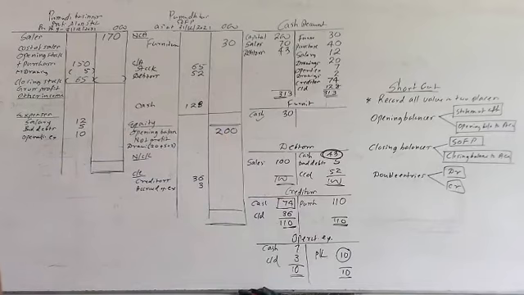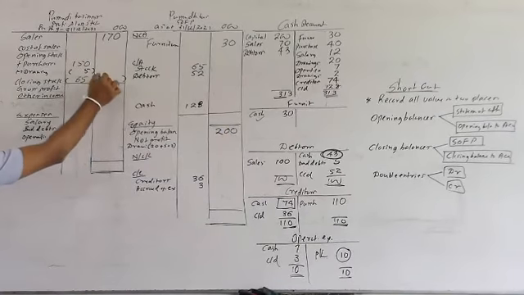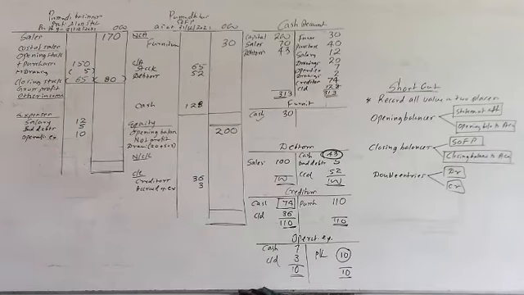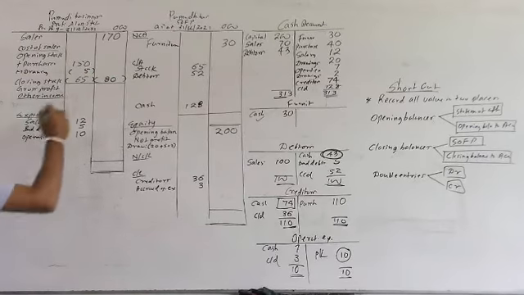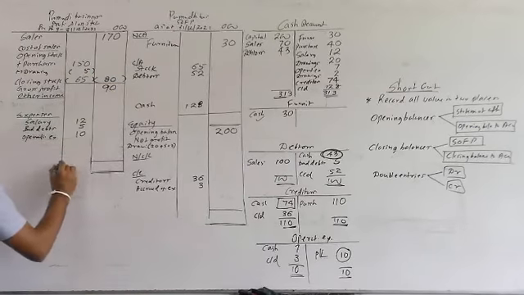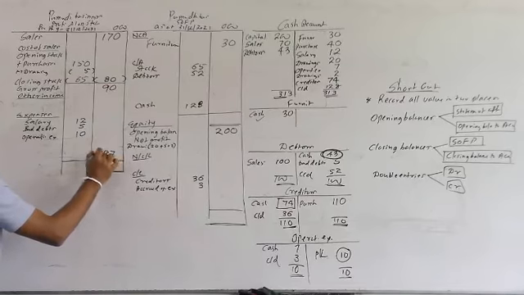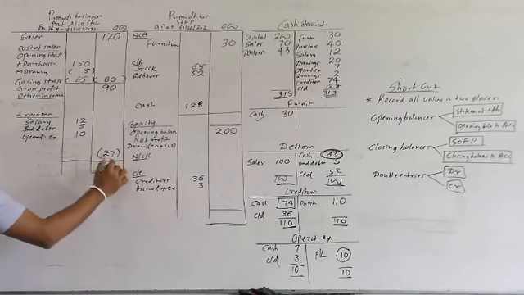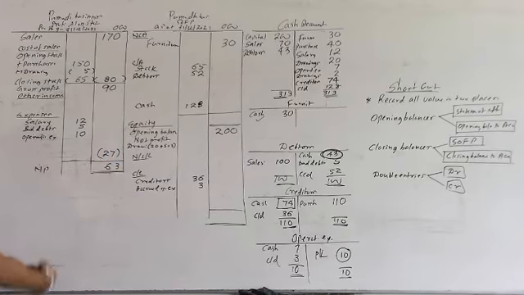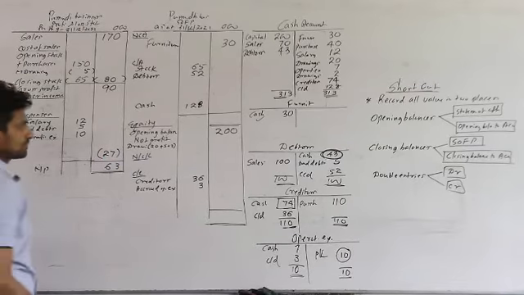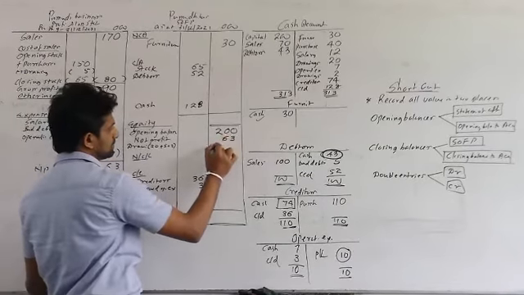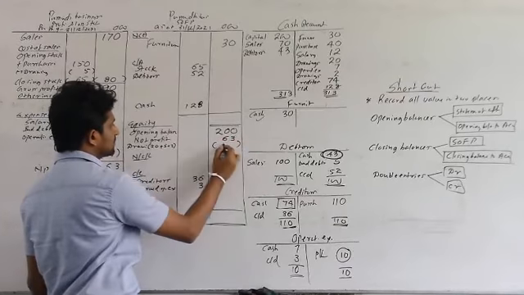Now balance this one. Is the cost of sales 80? 170 minus 80, is it 90? Total expenses 27. Net profit is 63. Take that 63 here. We got total drawing 627.